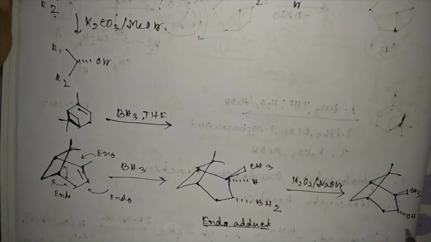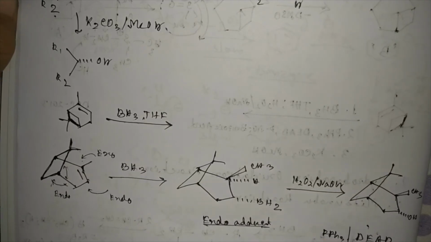and OH group will be below. Now under Mitsunobu condition, if it is treated with PPh3, DEAD and para-nitrobenzoic acid, then the ester of para-nitrobenzoic acid of this alcohol will form.